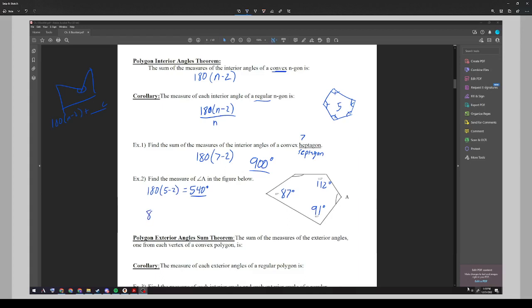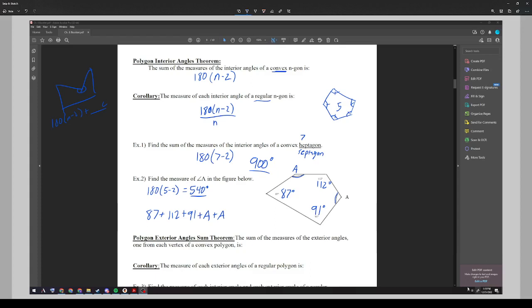So we do 87 plus 112 plus 91 plus angle A. But notice that only gives us 4 pieces. So before we start adding these, it's really important that we check every corner of the shape and make sure it's labeled. So since this is shown as equal to this, we're going to put another A over here. So we're going to add another A, and we end up with 5 numbers that we're adding together.